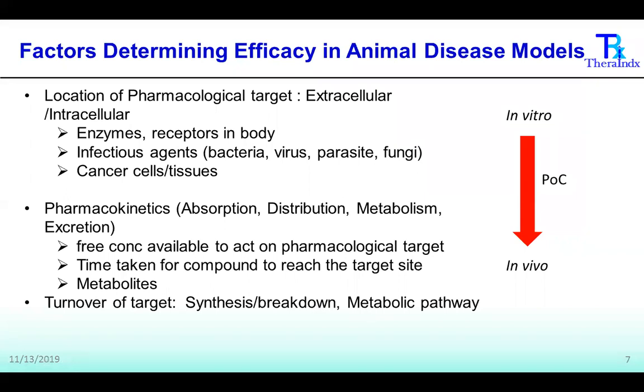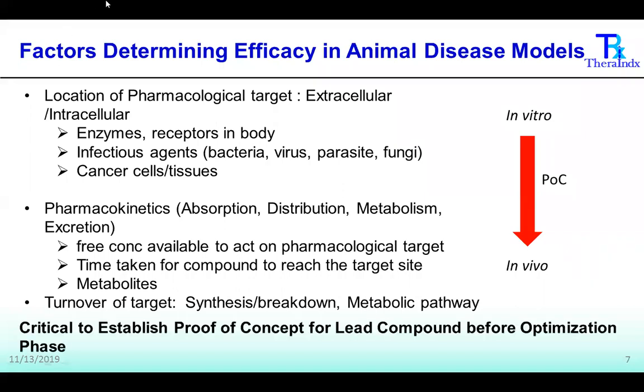For example, if the target is part of a metabolic pathway, inhibiting the target when it's upstream, the effect takes some time to be manifested as the effect is at the end of the pathway. So keeping all these factors in mind, it becomes very critical to establish proof of concept for the lead compound before the optimization program begins.